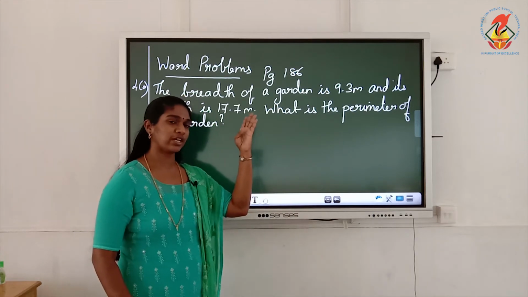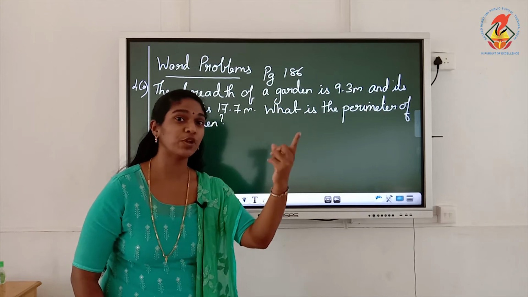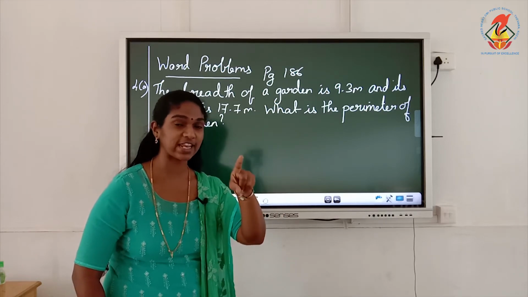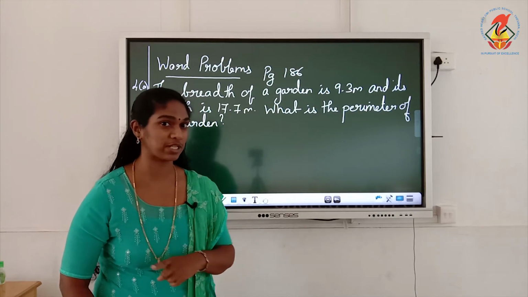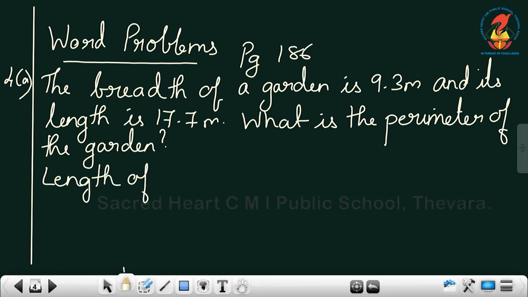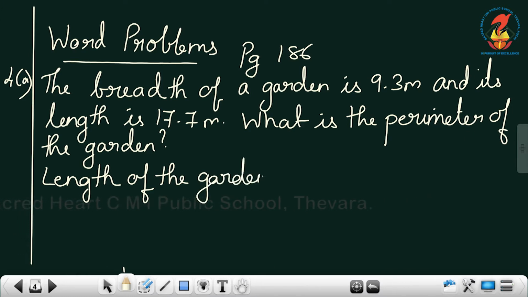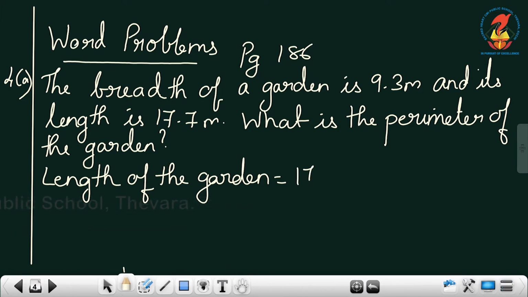Remember, perimeter of a rectangle, you will add the length and breadth and then you will multiply by 2. You should add the length and breadth and you have to multiply by 2. 2 times L plus B. Remember? So, you can write the statements. Length of the garden equal to 17.7 meter.